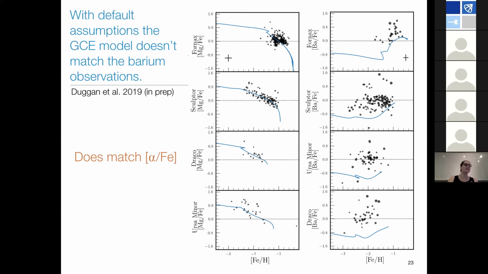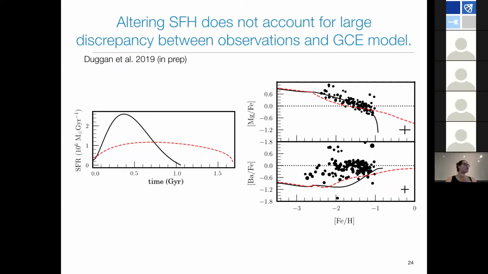And so we started stepping through the possible areas where we could tweak our model, without adding neutron star mergers, to simultaneously match the alpha to iron and the barium to iron abundances. First, we considered our star formation history.